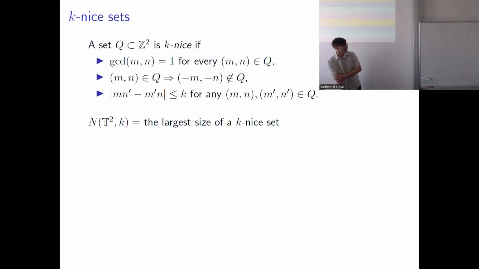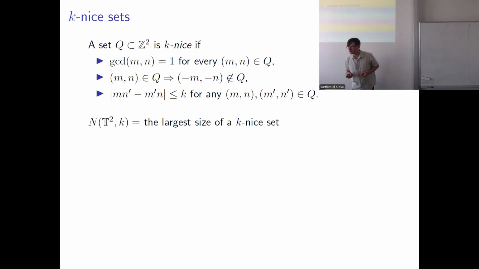Let me start with the reformulation of the problem, because instead of working in topology, we would rather work with some integers. Integers are nice, and so we introduce the notion of a k-nice set. We say that a set of pairs of integers is k-nice if for every point from this set, its coordinates are coprime, and also if I include some point, then the minus point is not included.